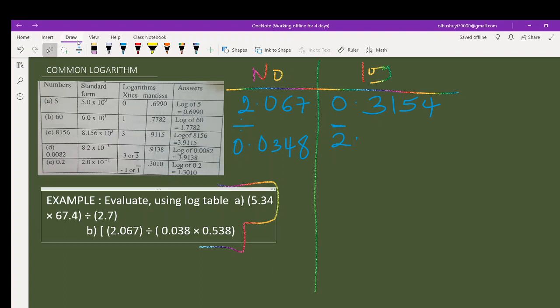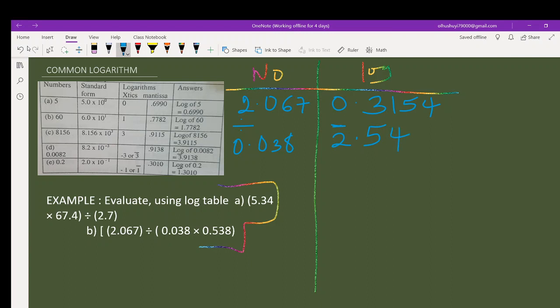Yes. So if you have 38 there, then it means we have 0.038. So we check for just 38 under 0. That will be 5416.